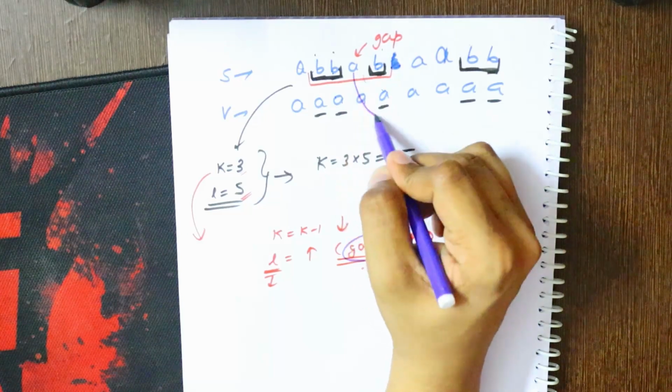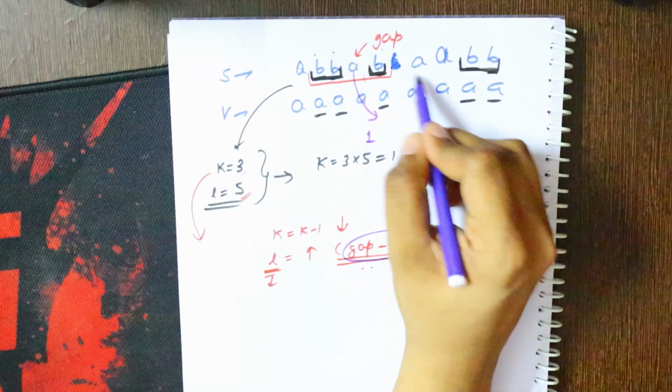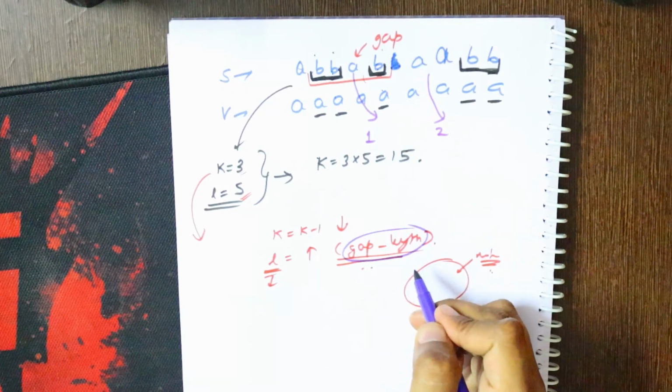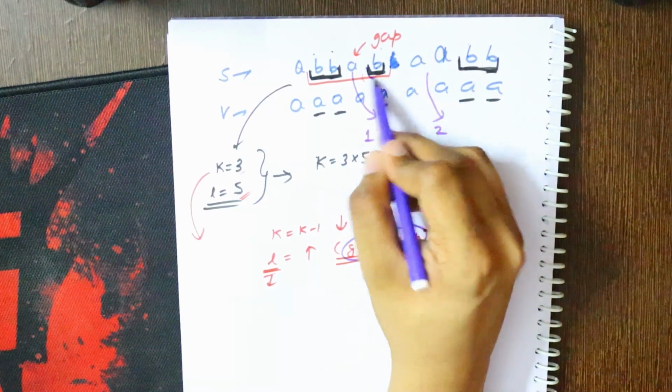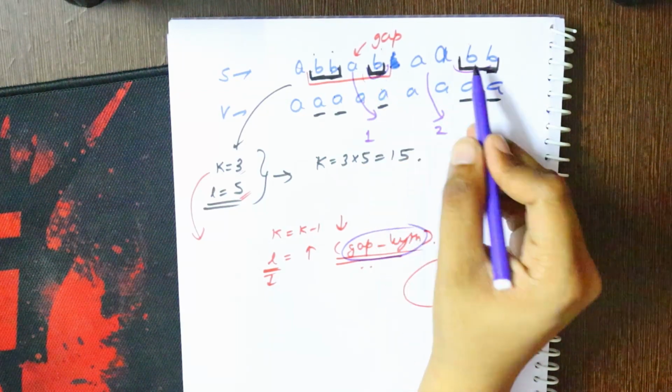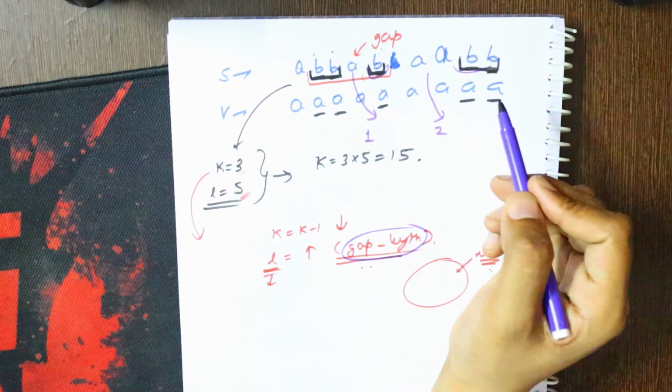Here in this case, the length of the gap is 1, and here the length of the gap is 2. What is the length of the gap I am saying here? It is the distance between the two unequal ranges, the two ranges which are not having equal elements.